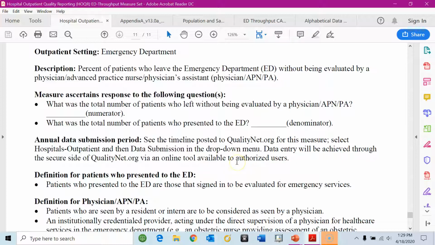Okay, those are patients who left against medical advice. And if you're leaving against medical advice, then you probably were evaluated by the physician, physician's assistant, or APN. So that wouldn't fit because they would have been seen.